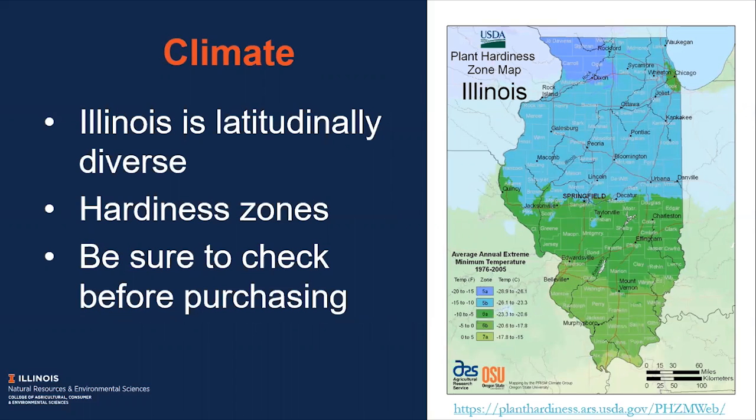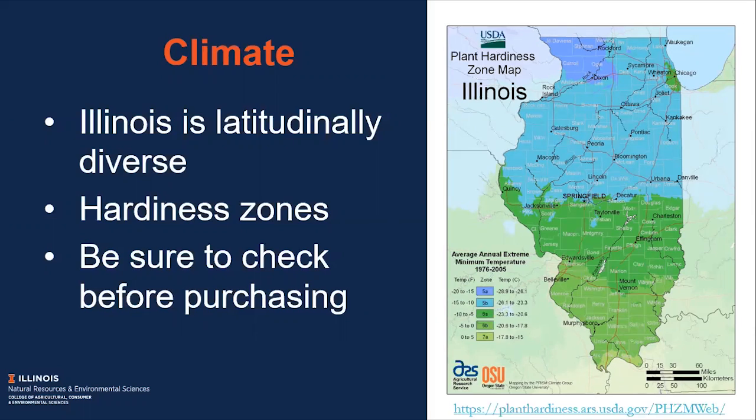The first thing I wanted to mention here is the climate. Illinois is a long state north to south, and so we have a pretty variable climate across that distance. So you just want to make sure whichever plants you end up choosing, that they will be able to thrive in your climatic zone.